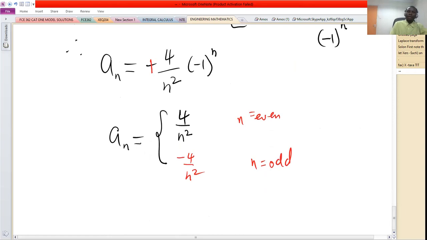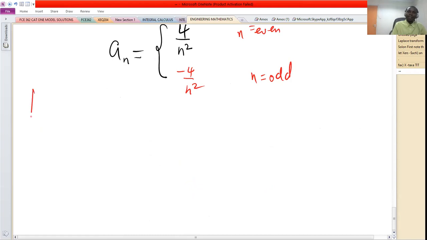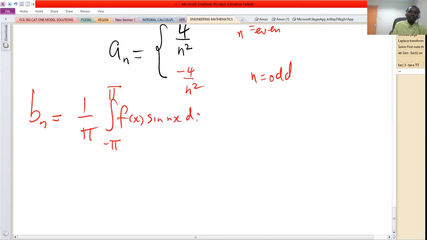So therefore now we have an, we have bn, and we have not calculated bn, so let's quickly calculate bn. So bn is given by 1 over pi integral from -pi to pi of f of x sine of nx dx.